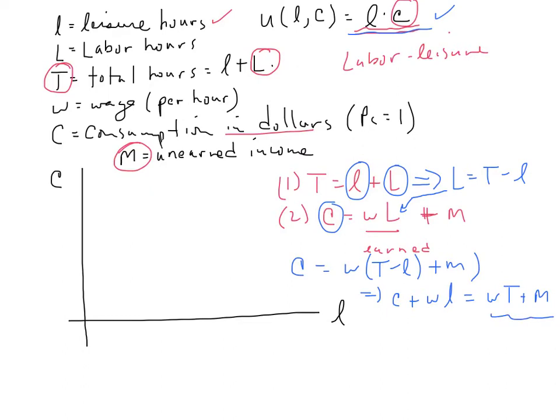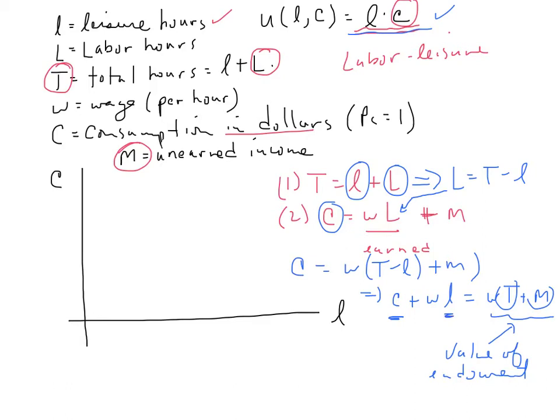So this is all exogenous, okay? This is the total value of your endowment, okay? So it's really the value of your assets that you have to spend, the value of your time, and then the value of your unearned income. And that's devoted to two goods, consumption and leisure.